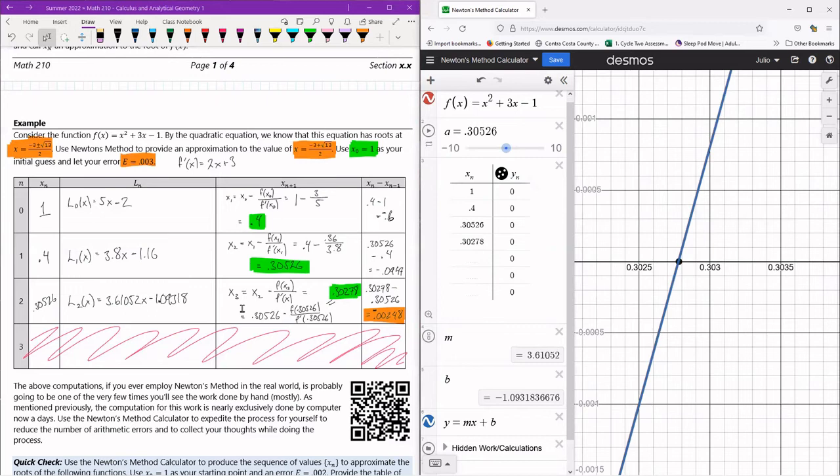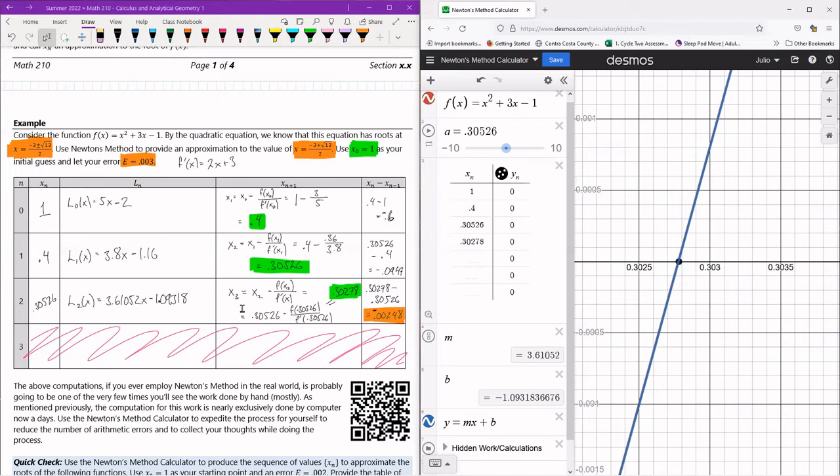So for your homeworks and for your lecture questions and for the quick checks, please don't try to do this by hand. Try to do it with the calculator that's been given. You can do it by hand if you want to, if you're so courageous enough to do it. There are lots of spots where you're going to make an arithmetic error or an algebraic error.